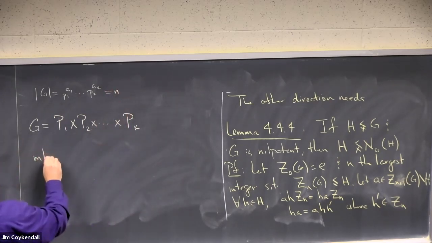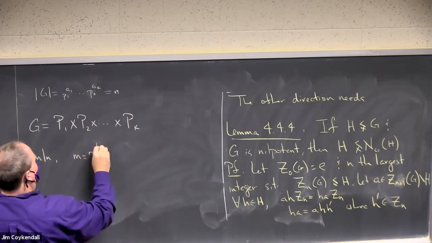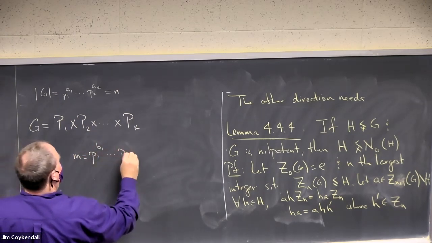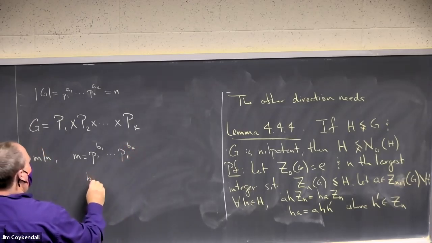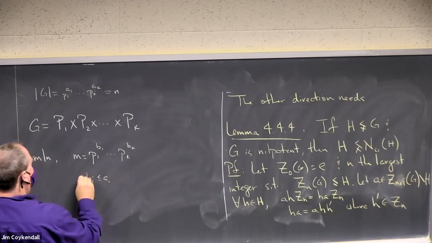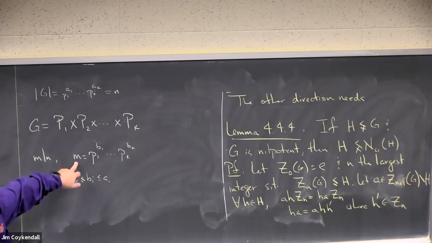Suppose m divides n. Then m equals p1 to the d1 up to pk to the dk, with each di less than or equal to ai and greater than or equal to 0. Do I agree? So how do I construct a subgroup of this order?